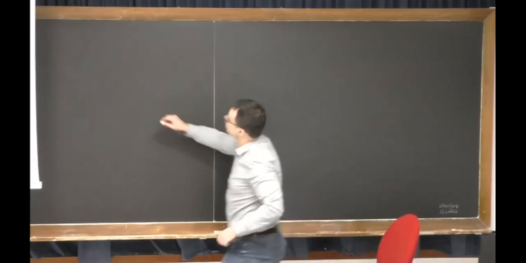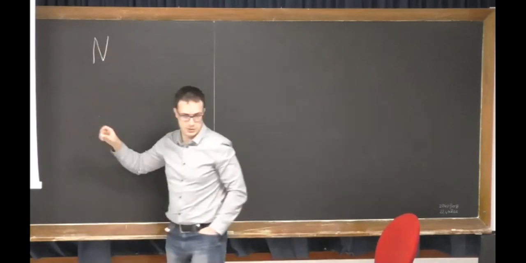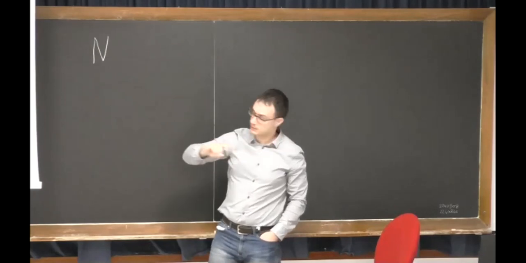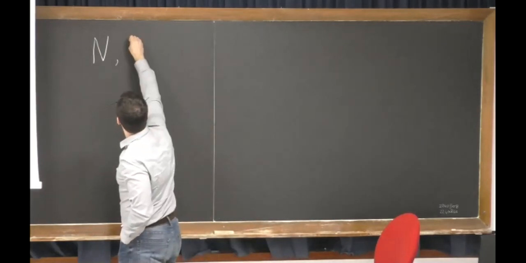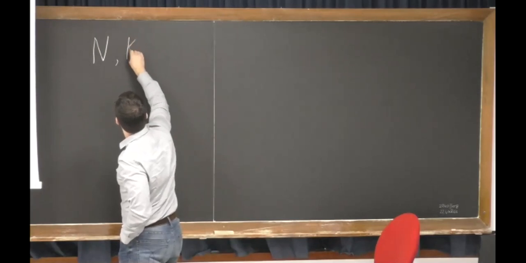Okay, let's recall what is the first problem. You have a multi-level system with n particles. In total, we have n particles, which can be excited many times, but the total number of excitations was given, k.